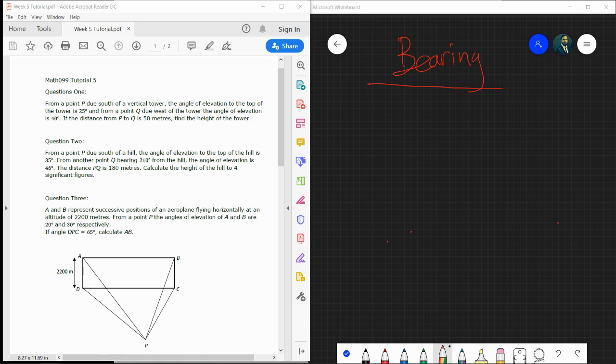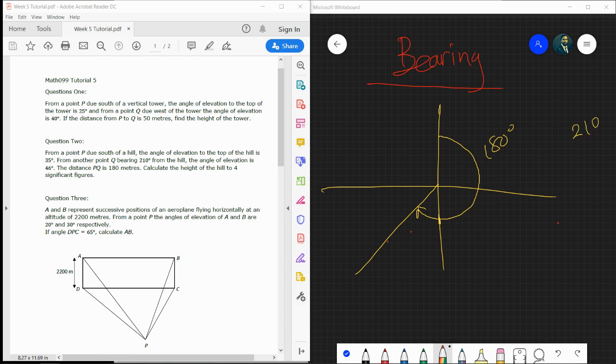It's a measure of angle, and it's always measured from the north.